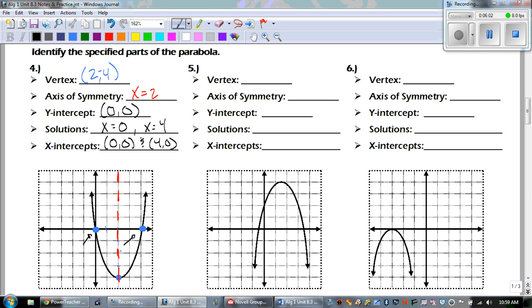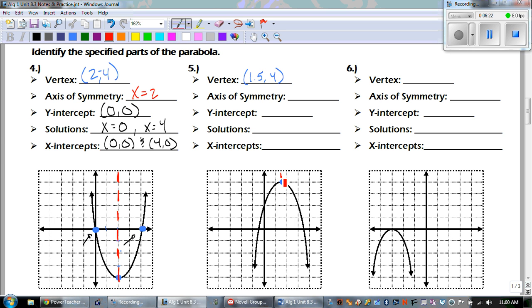Okay? All right, let's look at number 5. Vertex. Oh, that's weird. Where is it? Well, I would say that that's at (1.5, 4).